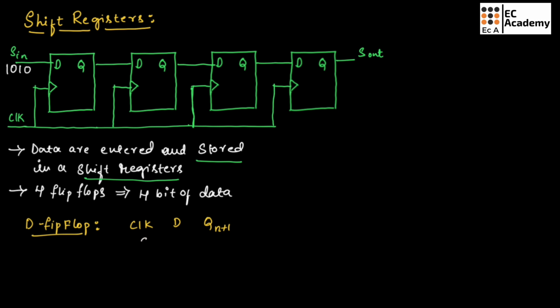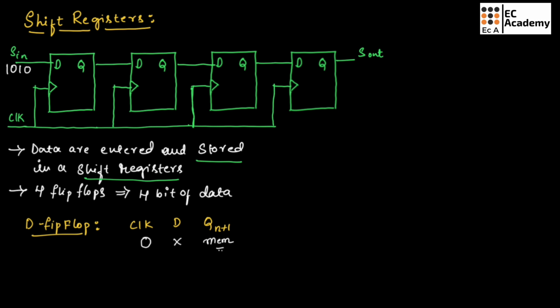When the clock signal is not applied, whatever the data might be, the D flip-flop acts as a memory device. So if the clock signal is 0, whether the input is 0 or 1, the output will be the previous state that is stored in the D flip-flop.